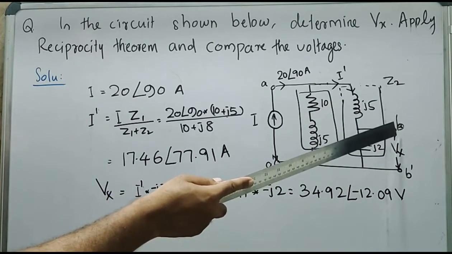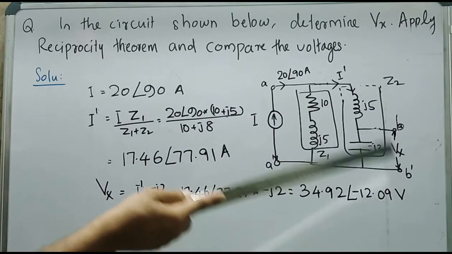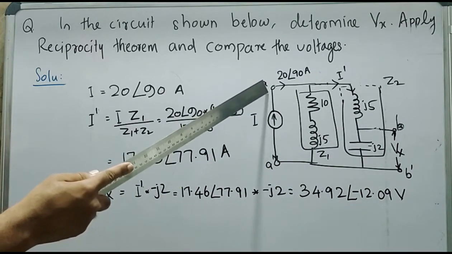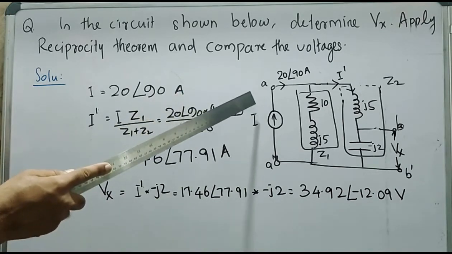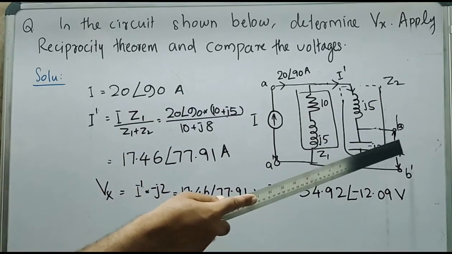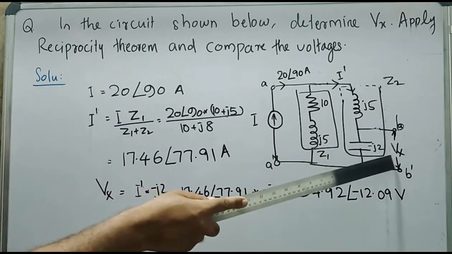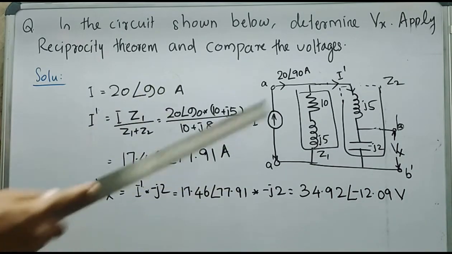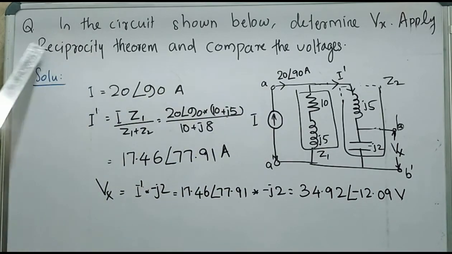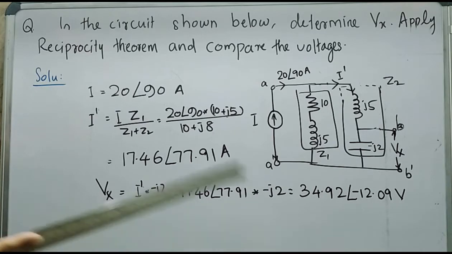So due to the application of this current in branch B, we need to determine the voltage across branch A. If that voltage, due to the application of the current source in branch B, becomes equal to Vx, in this case, we can say that this network is satisfying reciprocity theorem, or we can verify reciprocity theorem in that manner.